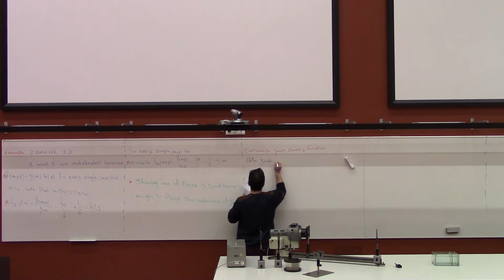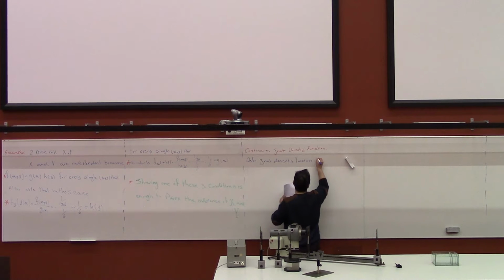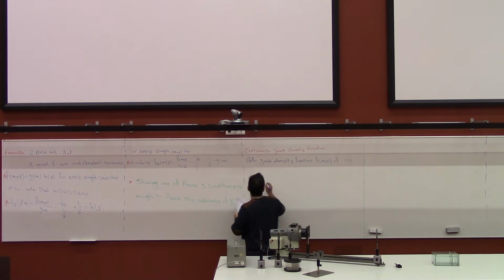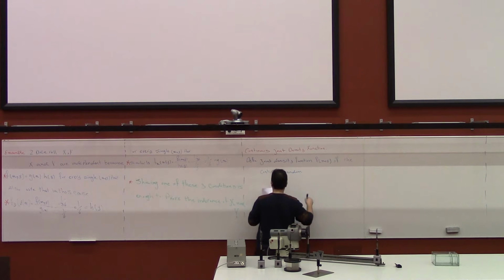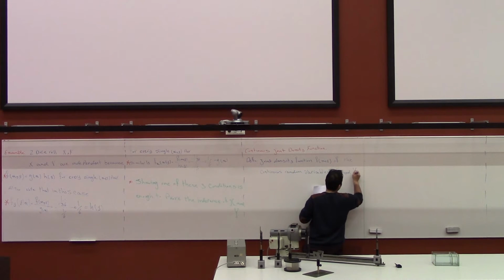The joint density function f(x, y) of the continuous random variables X and Y.